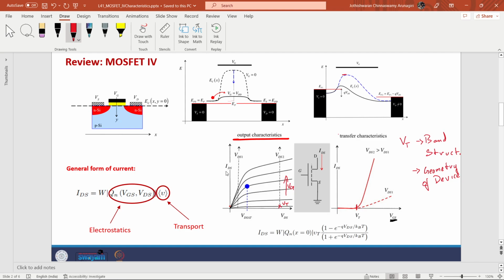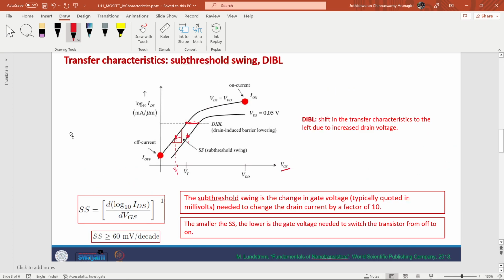When we say IDS reduces, we should understand with respect to what? Increasing VDS will not give me as much IDS as I previously got when the impact of DIBL was low. So that is how it is supposed to be understood. One should not directly look at this plot and say, here itself I can see that IDS is reducing.